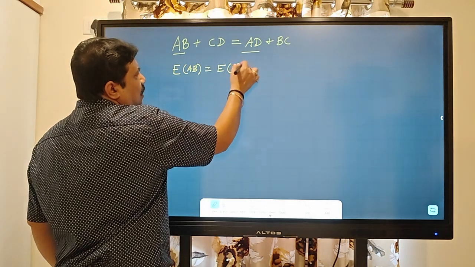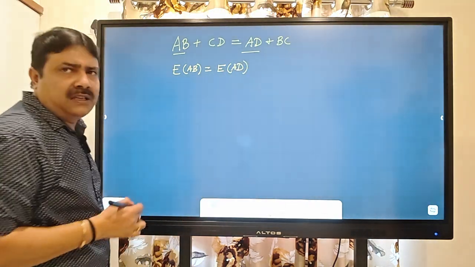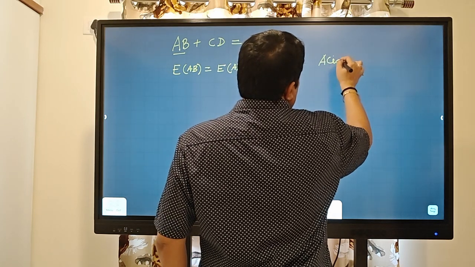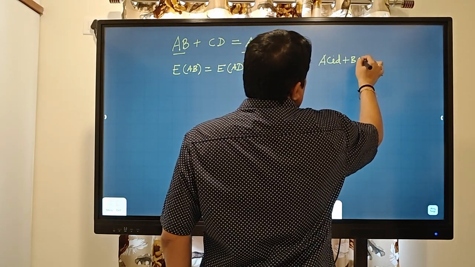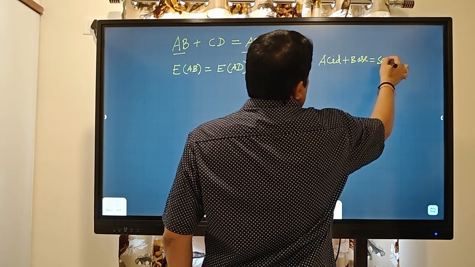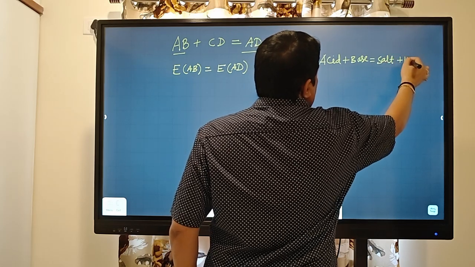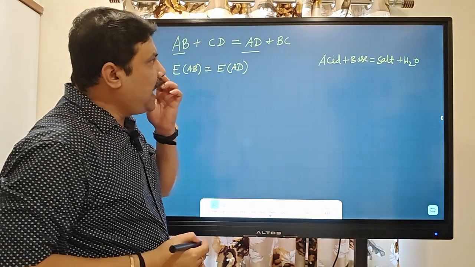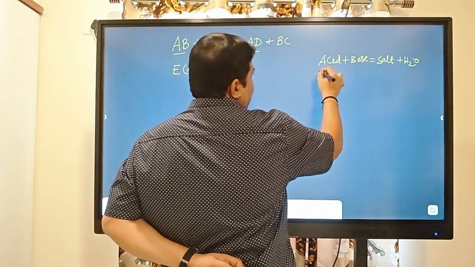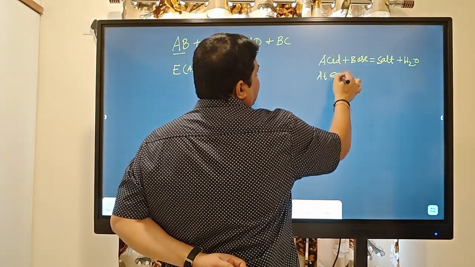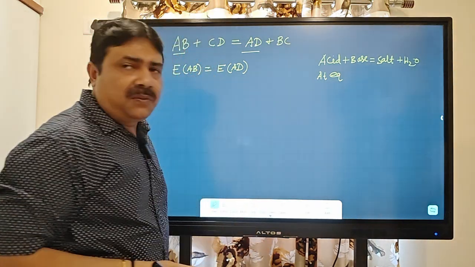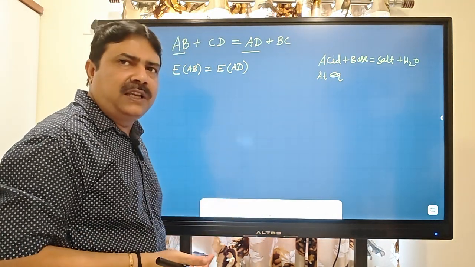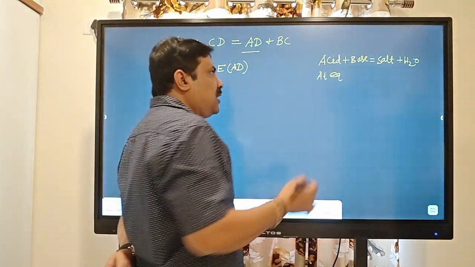All reactions always occur in terms of equivalents, like acid-base. Whenever there is a neutralization reaction, acid plus base, your salt and water will be the products. Everybody knows this from 10th standard onwards. So here also, at the equivalence point or end point, that means whatever amount of acid is fully consumed by base, or whatever amount of base is fully consumed by acid, that is called the equivalence point.